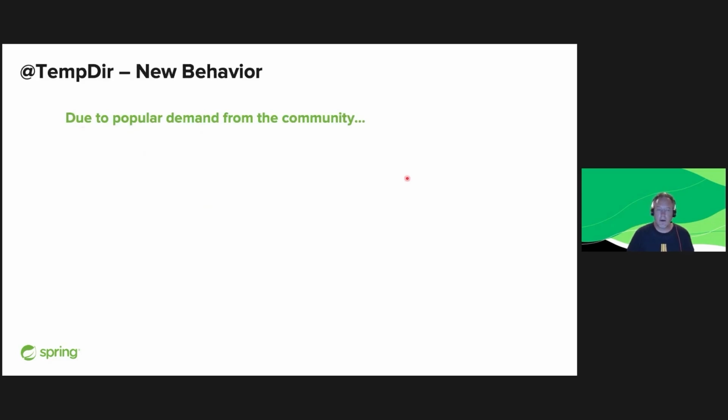Now this one, we went back and forth on it, the @TempDir behavior, what's the ideal behavior, and due to popular demand from the community, this was a highly discussed, controversial topic and upvoted quite a bit. We did end up changing that. So previously, if you used @TempDir, it created a single temporary directory per context, like for the test method, for example.